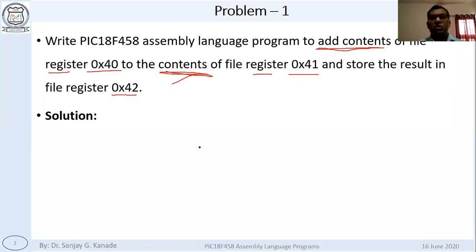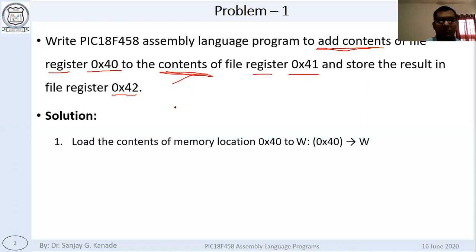Okay, so data transfer instructions means you move values from one register to another, right? And in arithmetic instructions, you add either some direct value to a register or to W register, or value in a register to W register, like this. So we'll have to use some of these instructions in this solution of this program.